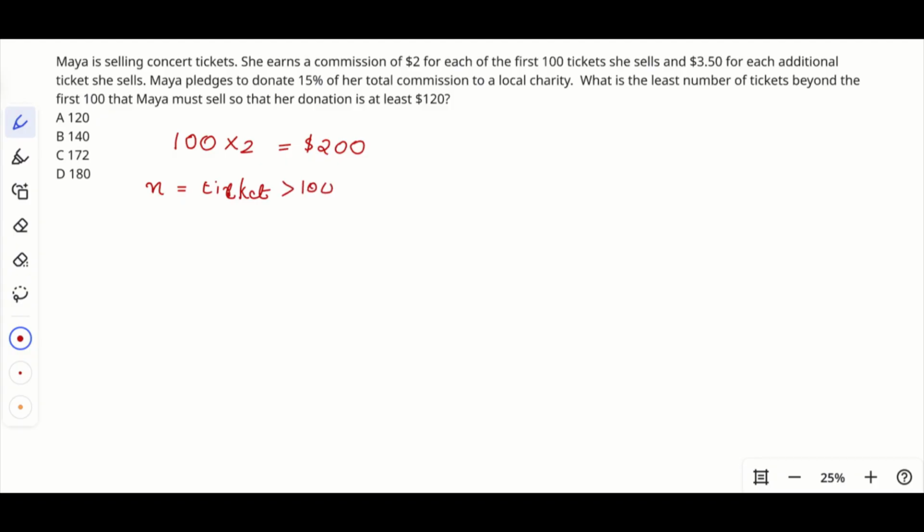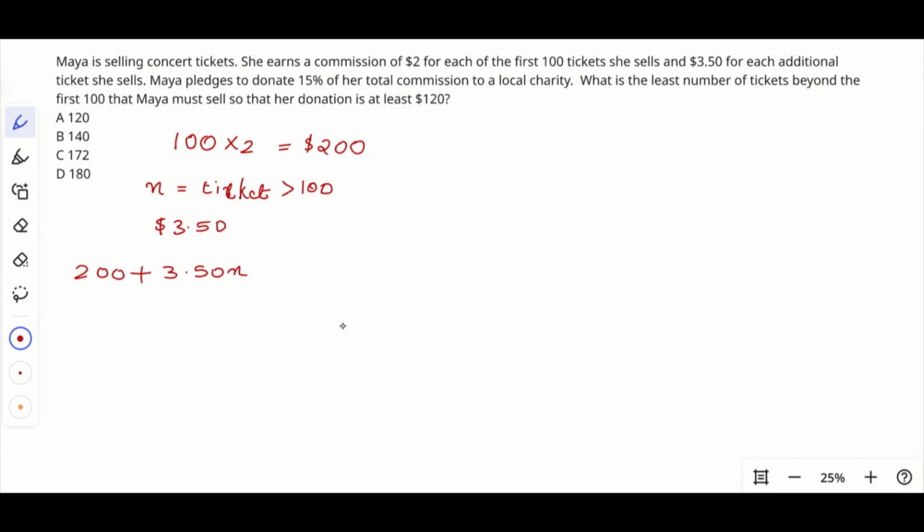And we have mentioned that for every additional ticket she earns $3.50, right? So her total commission is this 200 plus the additional tickets. So we can form the expression 200 plus 3.50x.